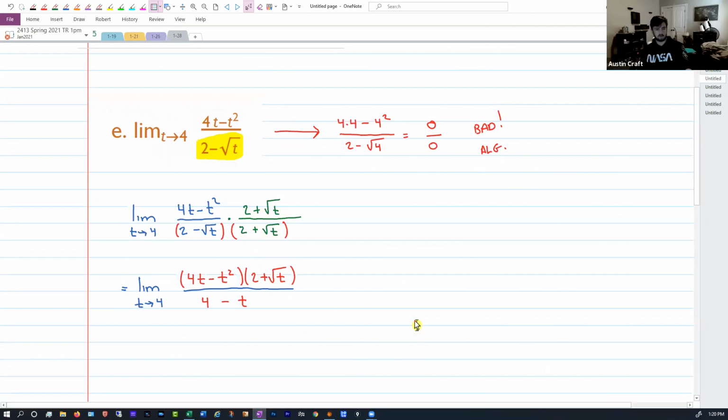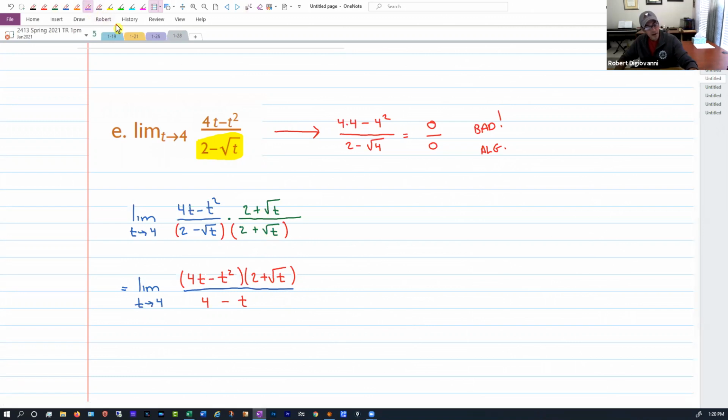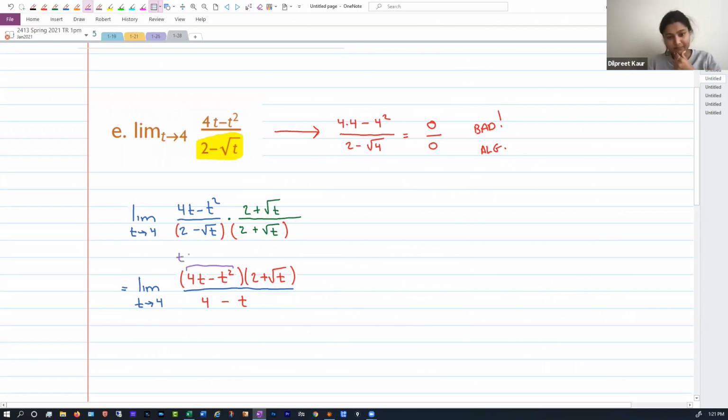You could factor out a t from the numerator. Yeah, good. So does everyone see that in this expression you could factor a t out? So let's pull the t out. If we pull a t out, we're going to be left with 4 minus t. And hey, check that out. 4 minus t, right? Won't those cancel?